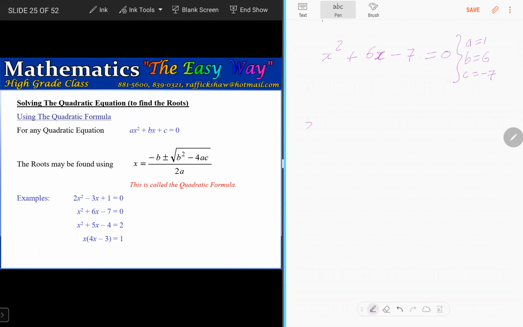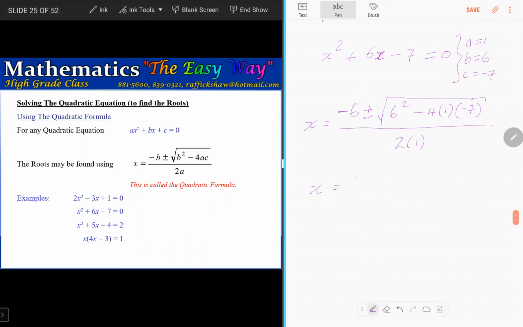The roots are x equals minus b, and b is 6, plus or minus the square root of b squared, 6 squared, minus 4ac. 4 times a, which is 1, times c, which is negative 7, everything over 2a, 2 times 1. Good? And you work it down.